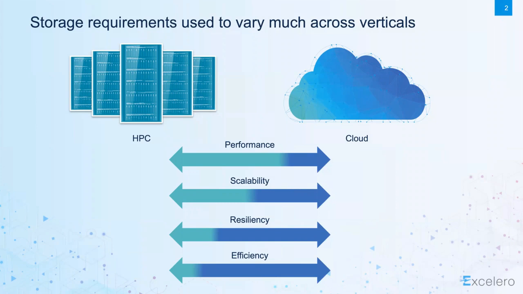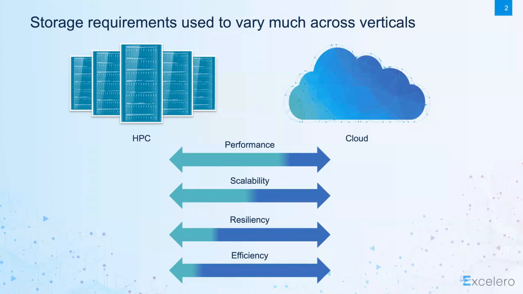One thing we've noticed is that verticals and use cases, as we've known them, are morphing and they're very much merging. Storage requirements used to vary a lot between verticals. For example, enterprise storage used to be very different from HPC storage or cloud storage, but today those differences are gradually disappearing.